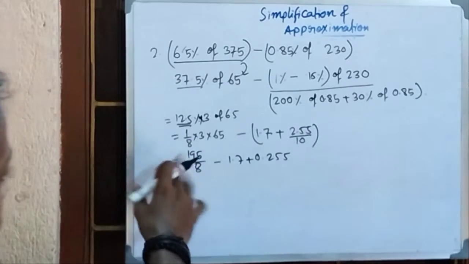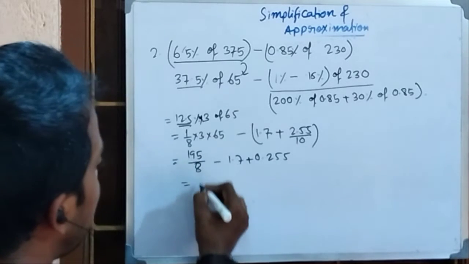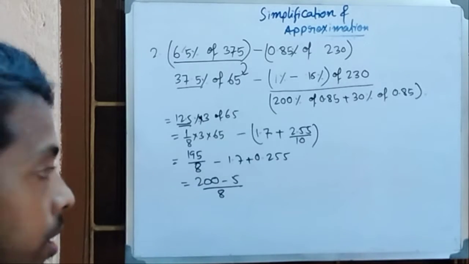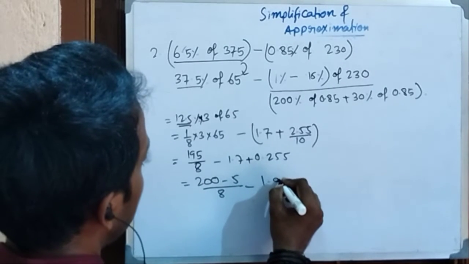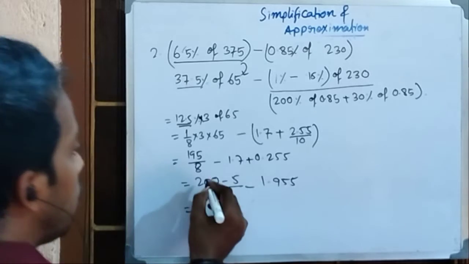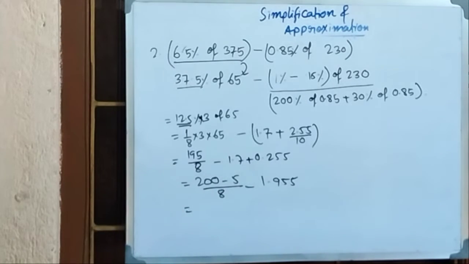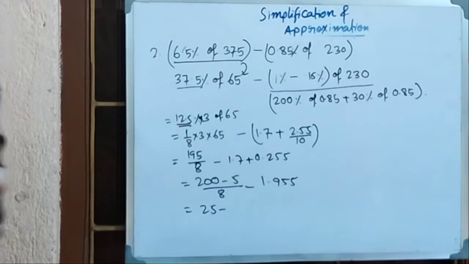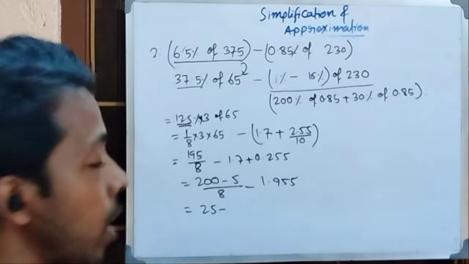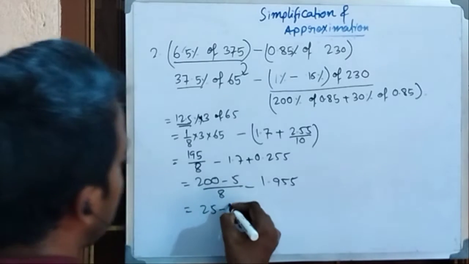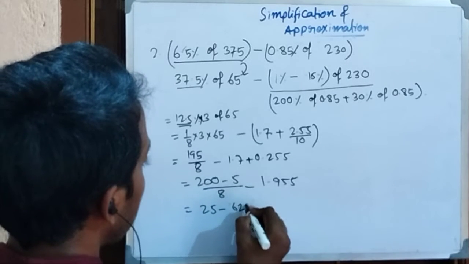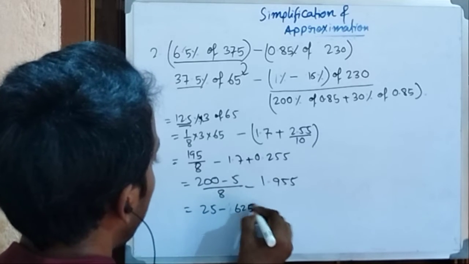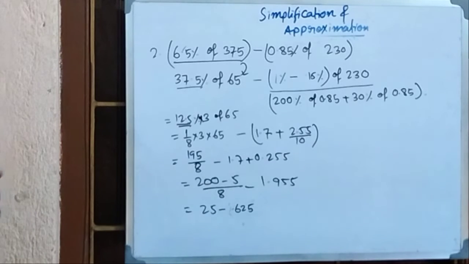And here also something, see here 195 by 8, so can't we take 200 minus 5? Surely we can take, na? Okay, minus 1.955. So 200 is exactly divisible by 8, so 25 is here, and minus 5 by 8. 1 by 8 is 12.5. So 12.5 into 5 is 62.5. But we will take 6.25, with the decimal just before this 6.